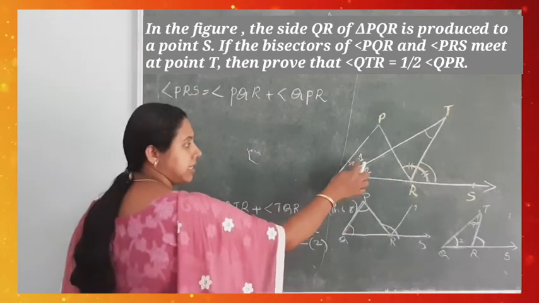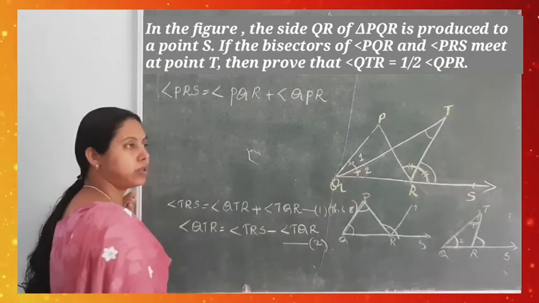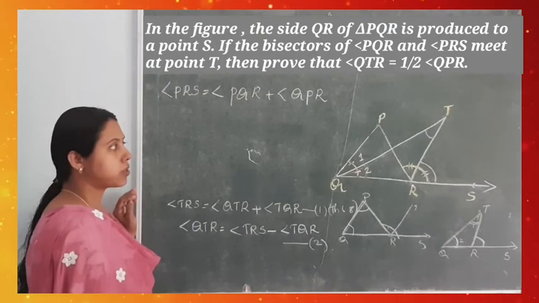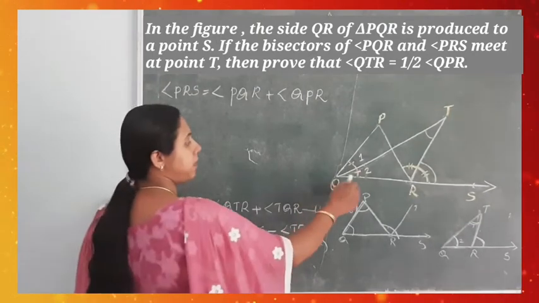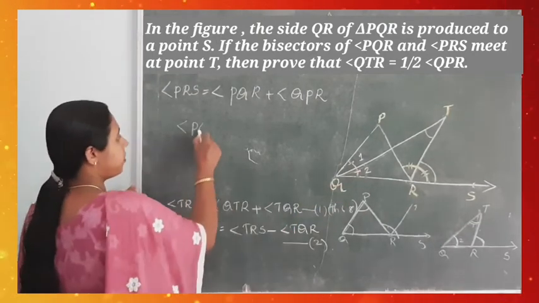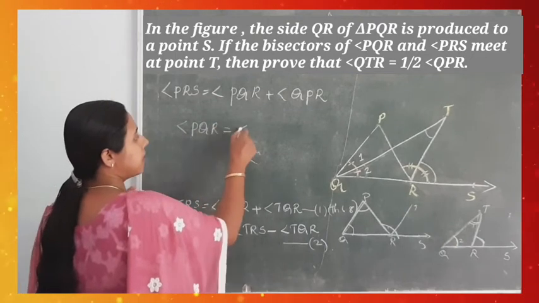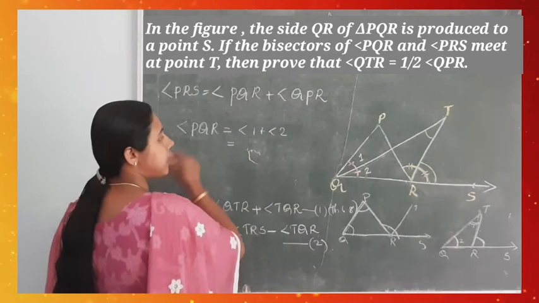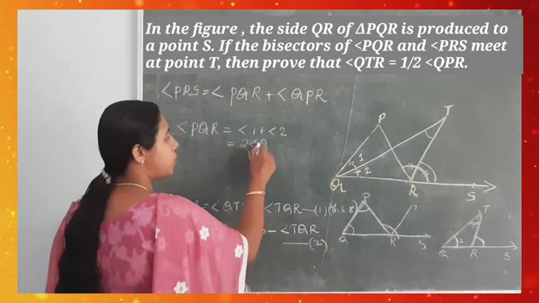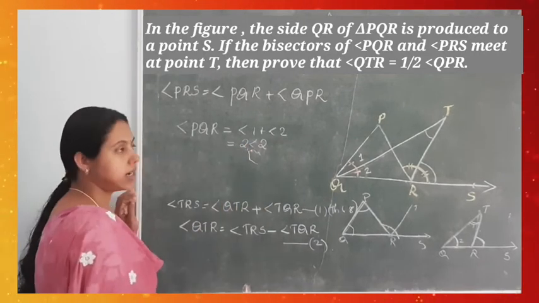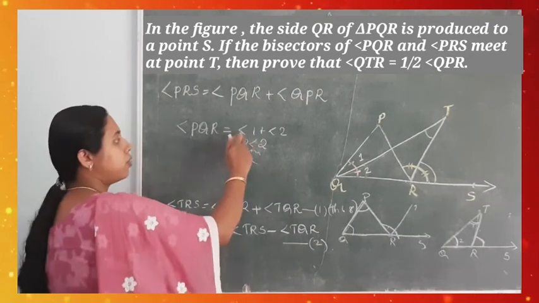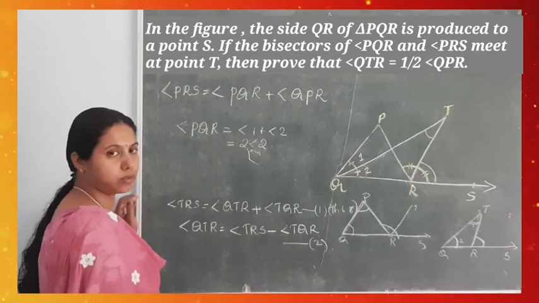And we know that angle 1 is equal to angle 2 because QT is the bisector of angle PQR. So we can say that angle PQR is equal to angle 1 plus angle 2. They are equal, so we can write it as 2 angle 2, double of angle 2, because angle 1 is also equal to angle 2.